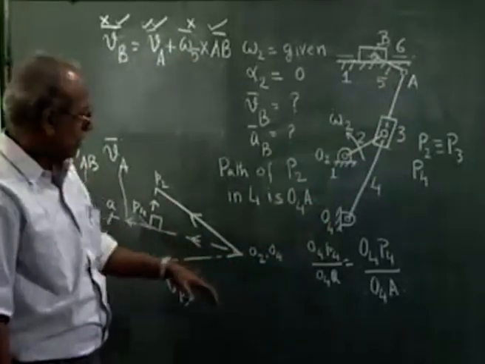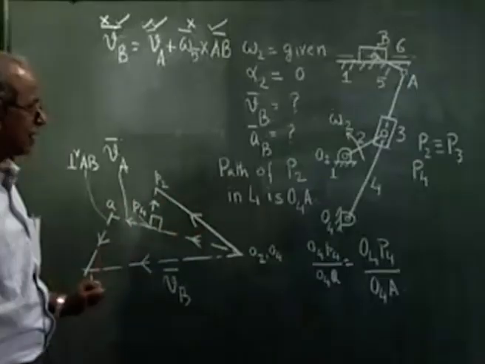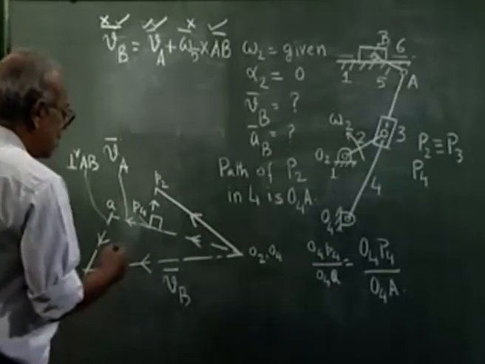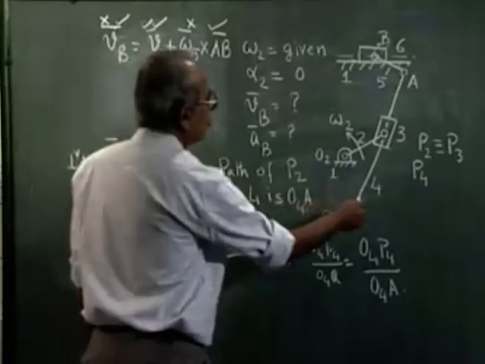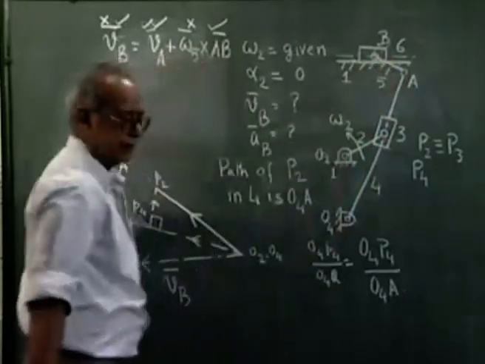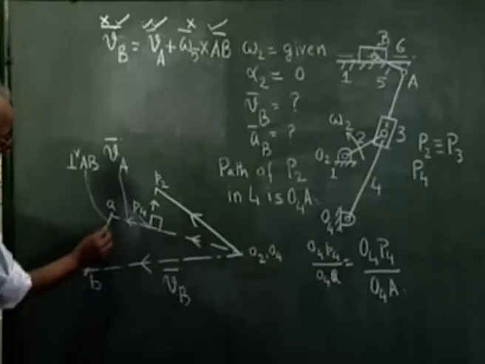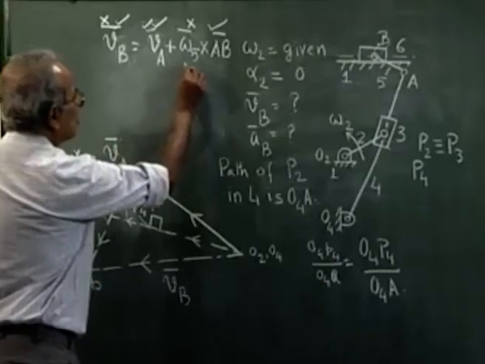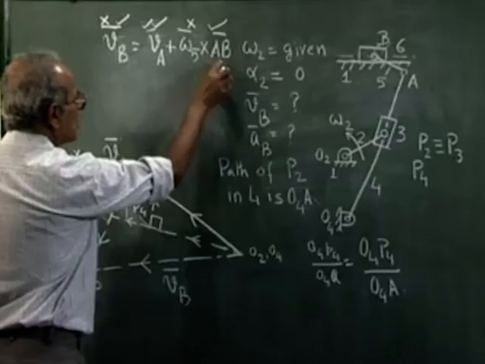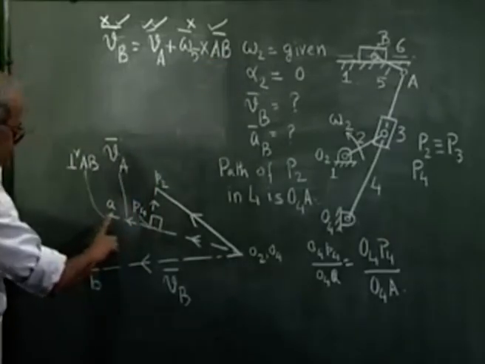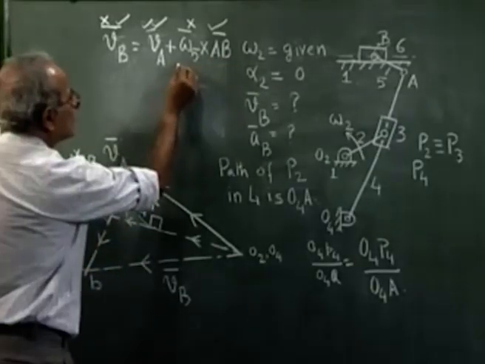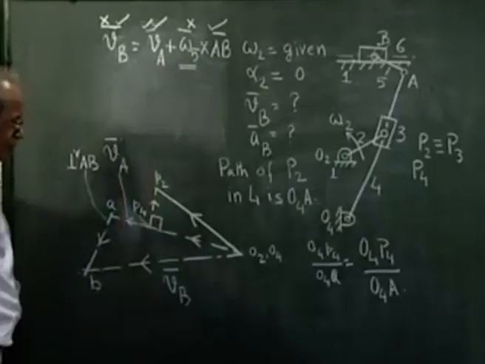At this stage, complete velocity analysis has been done, so I can find all the angular velocities like omega 4 or omega 5, because as we have seen, this vector AB represents this vector omega 5 cross AB. Because AB is known, this vector is known, I can determine the only unknown omega 5.